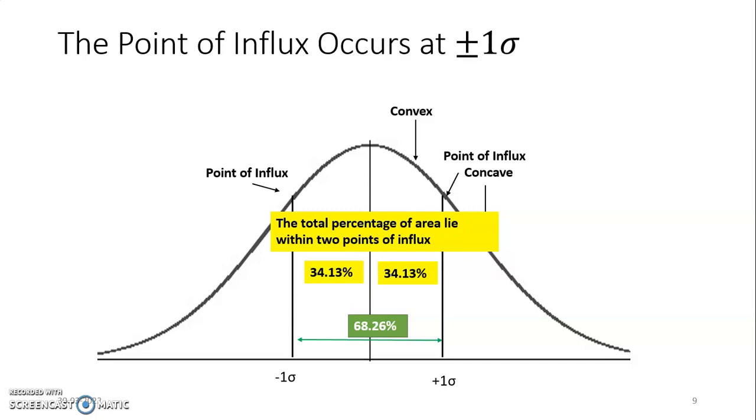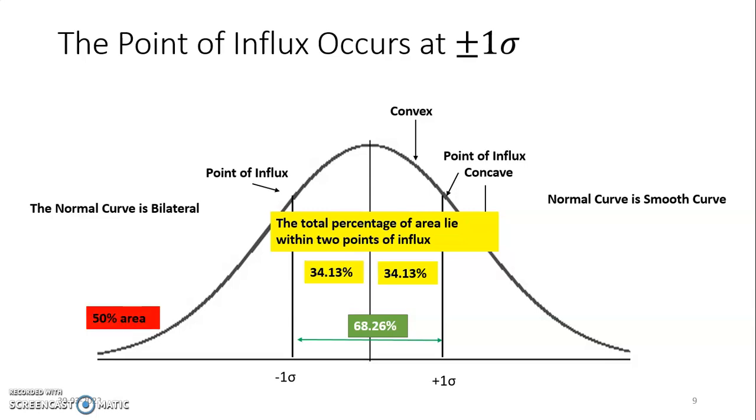The normal curve is a smooth curve. It is not a histogram or something. It is a smooth curve, right? The normal curve is bilateral. Bilateral means the two halves coincide, symmetrical on both sides. 50% of the area lies on the left hand side, and 50% of the area lies on the right hand side.